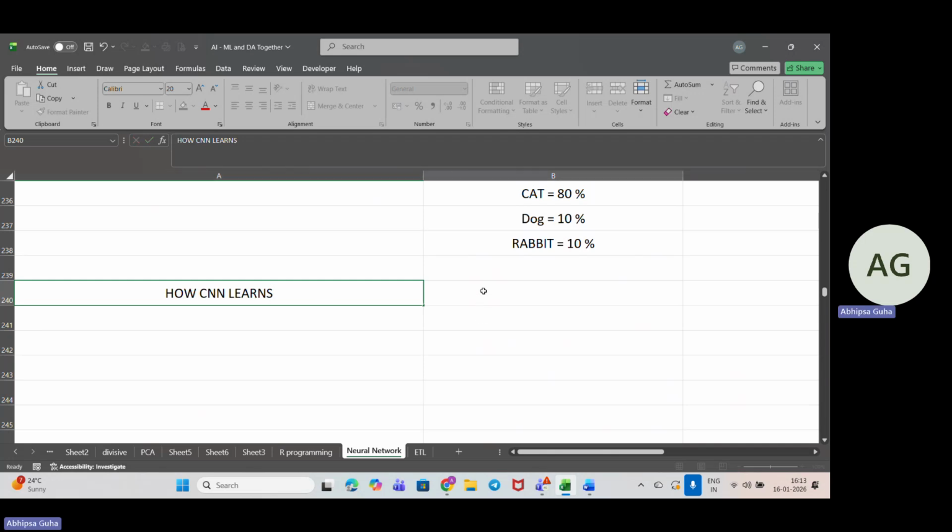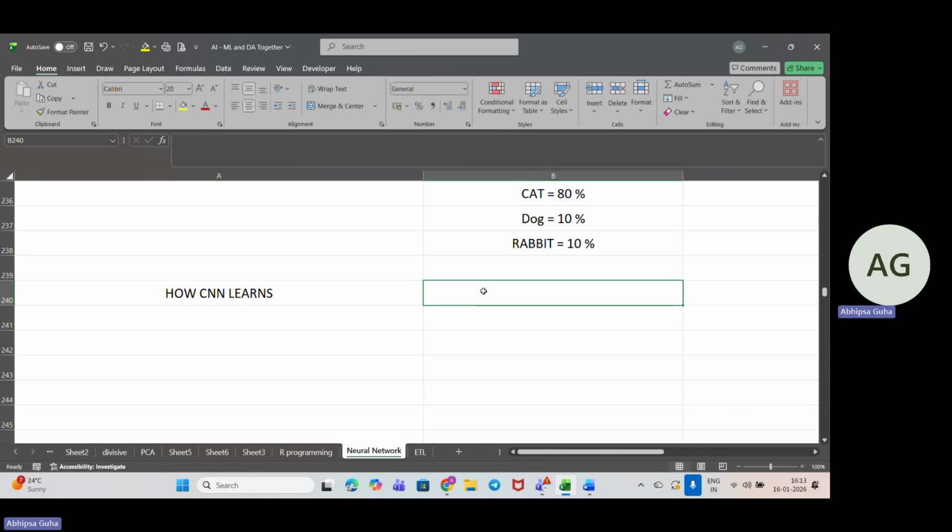CNN uses forward propagation, loss calculation, and backward propagation, the same way that a normal neural network works. So the CNN learns using forward propagation.